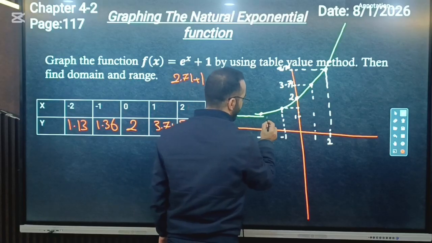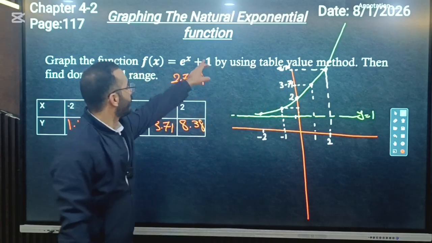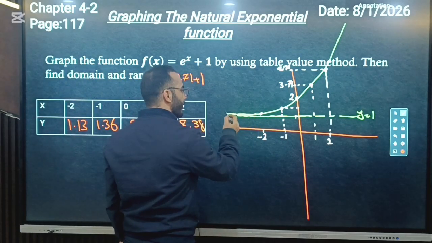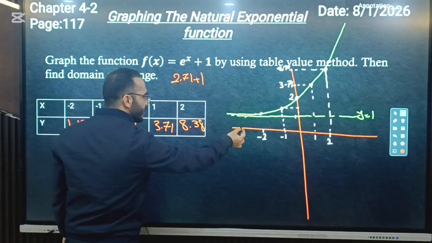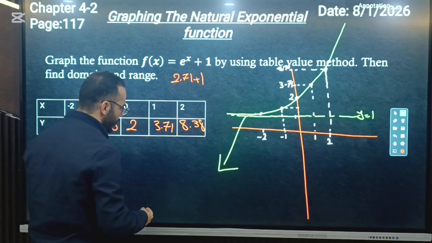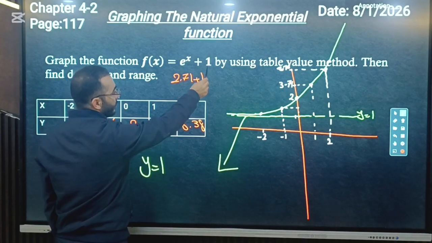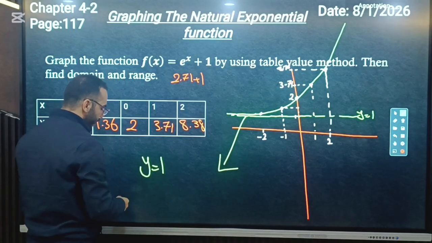But I want you to write y equals 1. See the graph is exactly above that line, just y equals 1. We call that line, later on I will mention it in transformation, whether y equals 1, or 2, or negative 1, whatever it is, it has a special name.